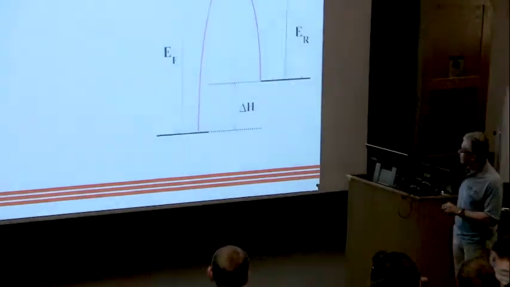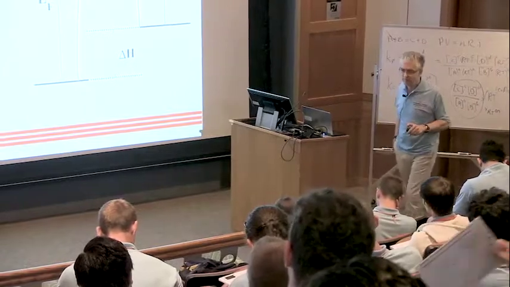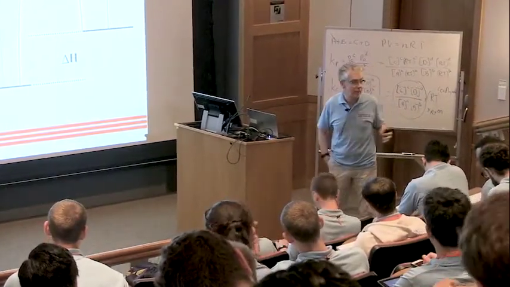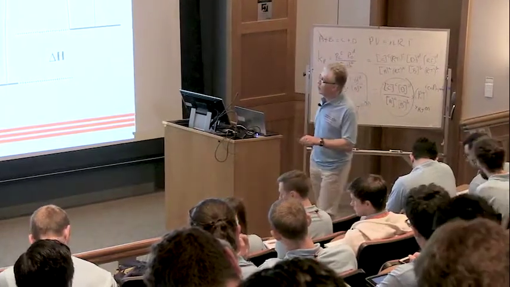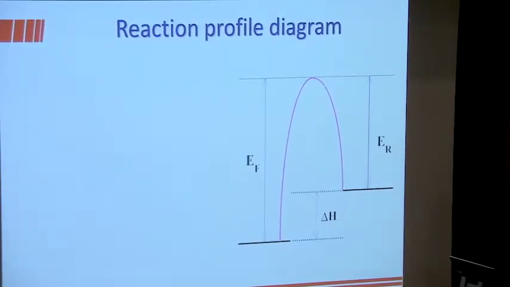And here you can write C2H4 plus CH3. Okay. So this would be a reaction coordinate diagram for that reaction. Okay? And so here we have a line depicted, going up here, and then arriving here at products. Okay? So here we have reactants, here we have products.